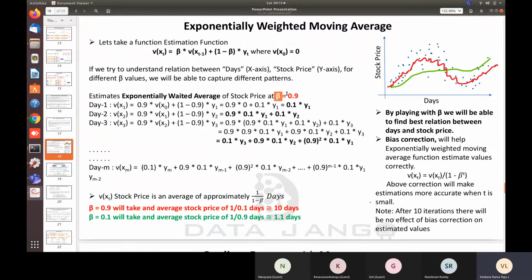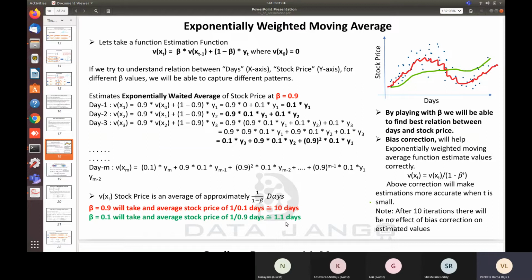Depending on beta. If beta is equal to 0.9, we'll consider the previous 10 days' actual values to predict the current day's price. If beta is equal to 0.1, it will consider only about 1 day, yesterday, and the day before yesterday is only 10%.